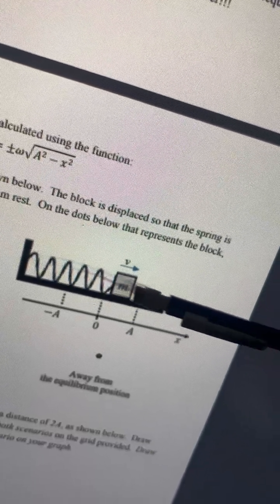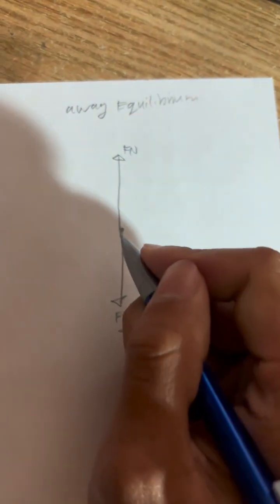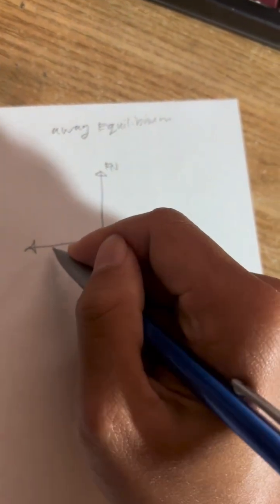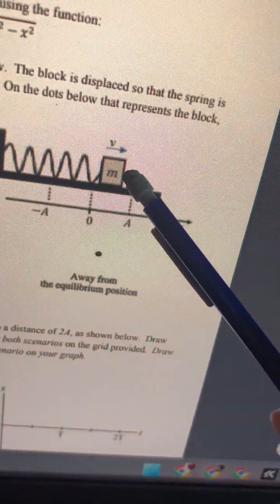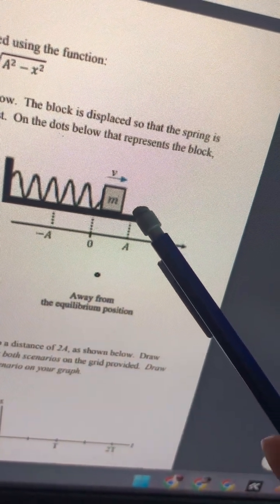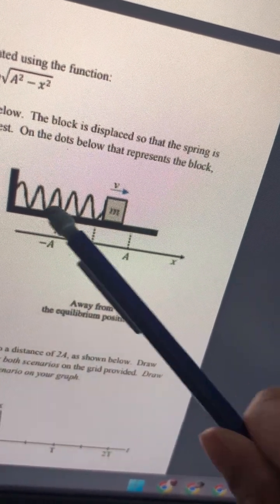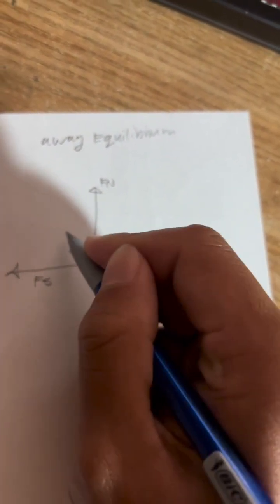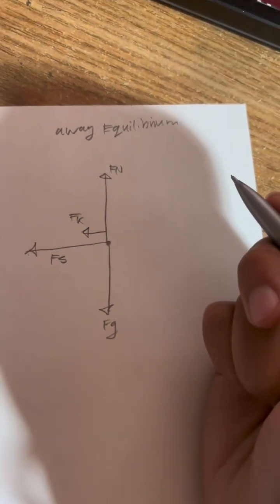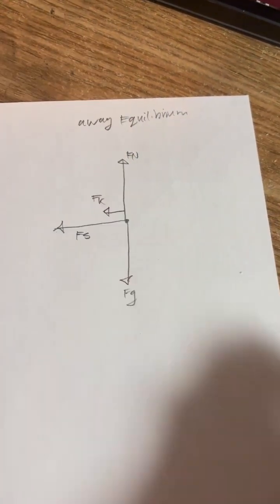So it's just like shh, and it wants to go back. So the spring force is now to the left. But you'll see that the box hasn't reached the amplitude yet. So it's still moving to the right. That means that there's still going to be F K, because the block is not at rest yet.